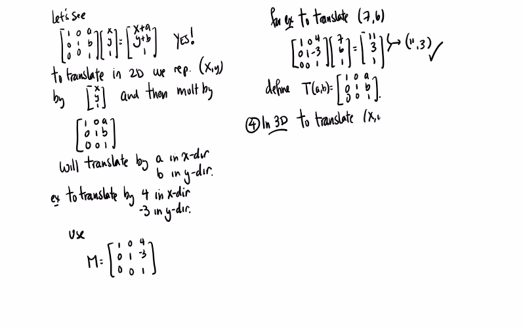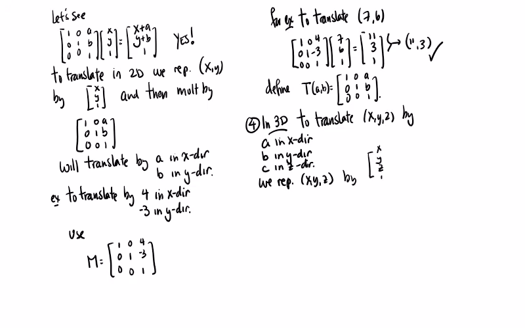To translate x, y, z by, say, A in the x direction, B in the y direction, and C in the z direction, we represent x, y, z by the vector x, y, z, 1 and multiply by, we'll call this T of A, B, C, which will now be a 4x4 matrix.